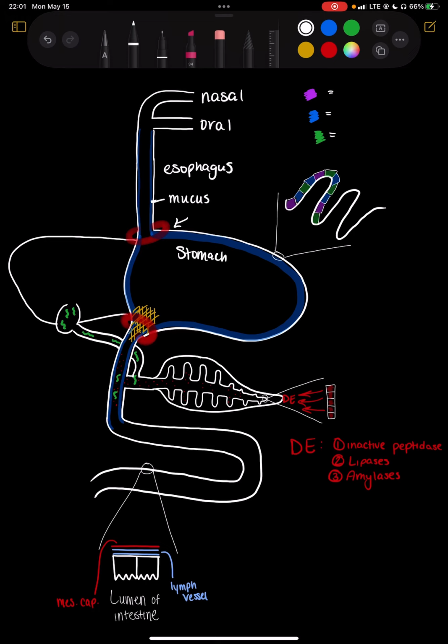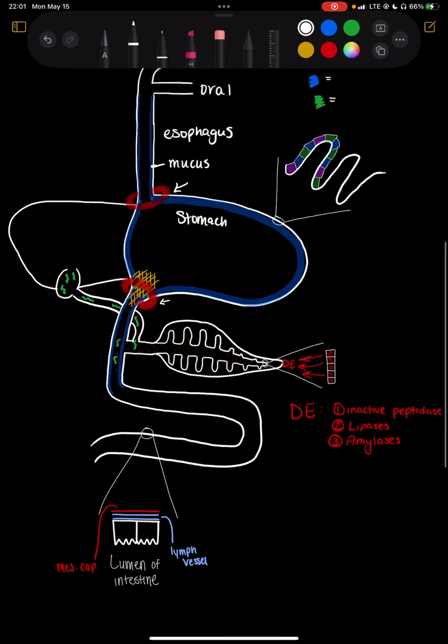Another sphincter is found at the bottom of the stomach as it leads into the proximal part of the small intestine, known as the duodenum. Off the duodenum is the pancreas.